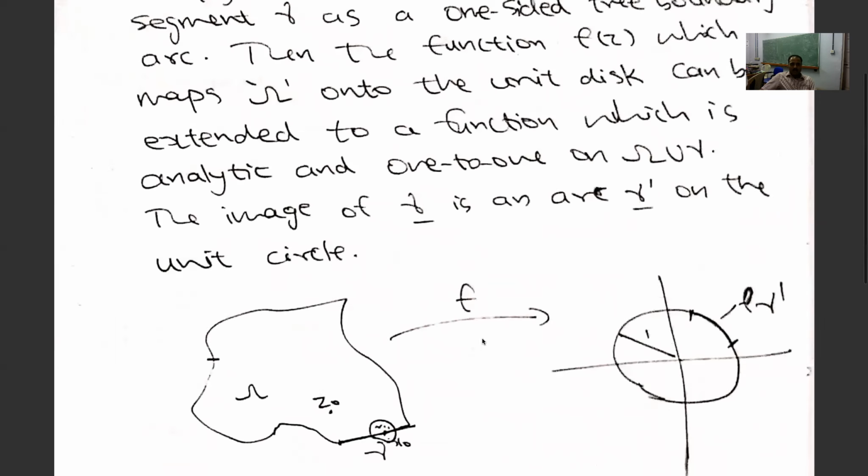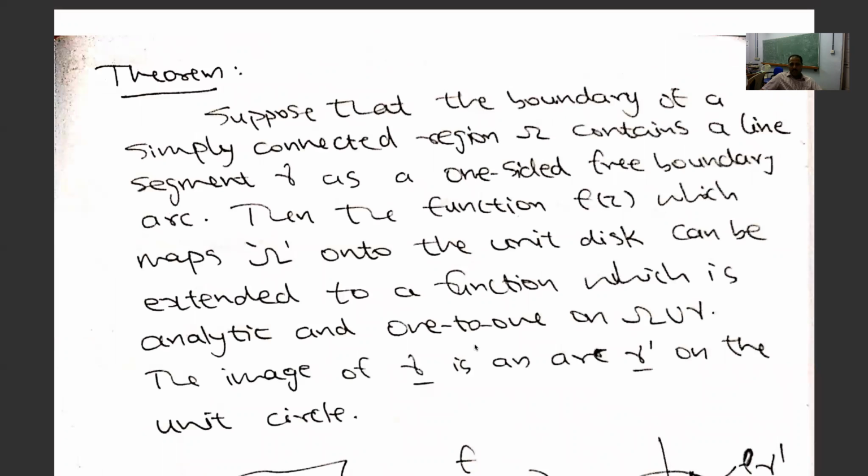Now what we are going to do is extend the Riemann map to the boundary of this form. So let us have this result. Suppose that the boundary of a simply connected region omega contains a line segment gamma as a one-sided free boundary arc. That means only one half disk will be part of omega.